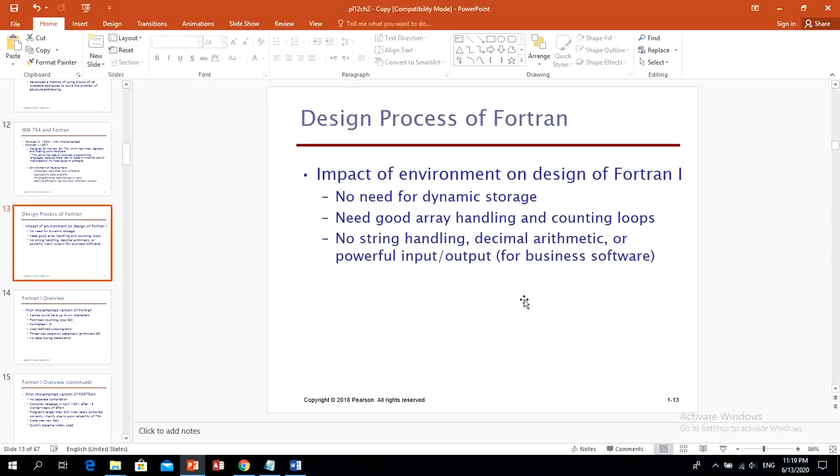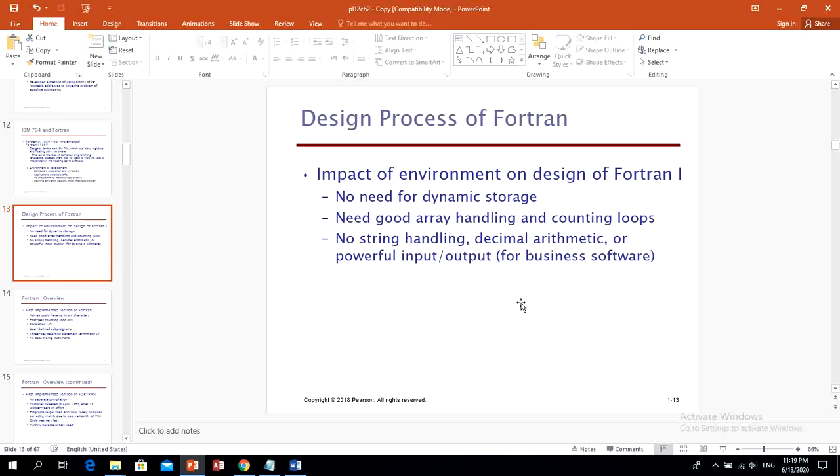So the design process of Fortran had an impact of the environment on design: there was no need for dynamic storage, and it needed good array handling and counting loops, no string handling or decimal arithmetic, and no powerful input output for business software.